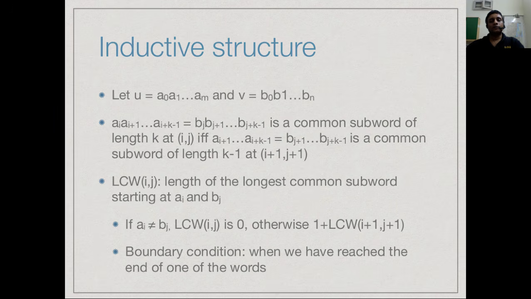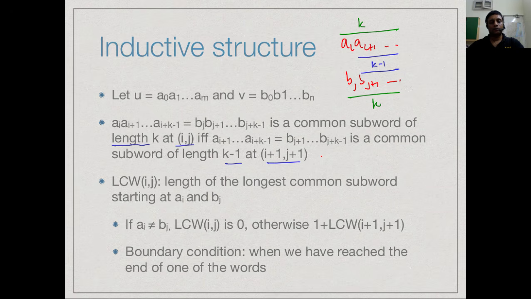So the first observation, the inductive observation, is that if I have a subword starting from AI and BJ of length K, then if I look at the next position and go forward, this must be a subword of length K minus 1. So there is a common subword of length K at I, J if and only if there is a common subword of length K minus 1 at I plus 1, J plus 1.